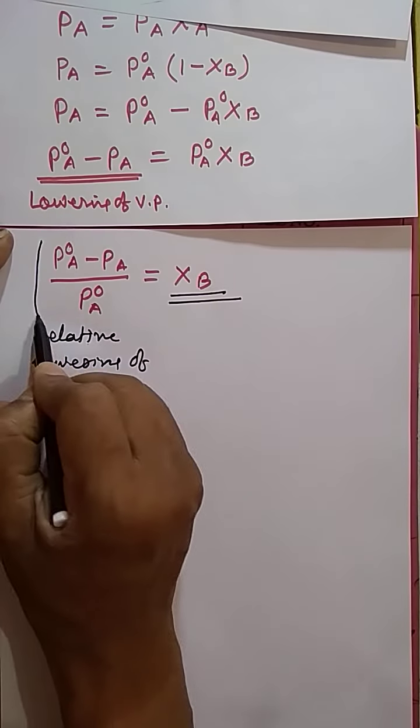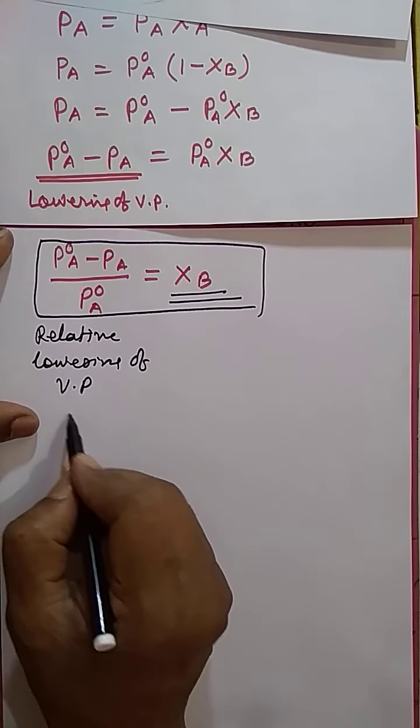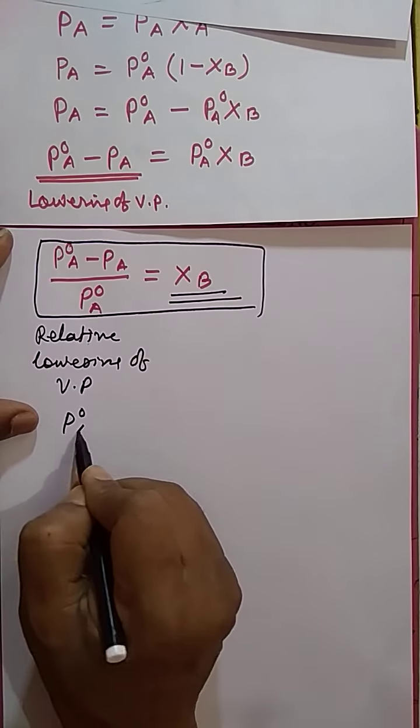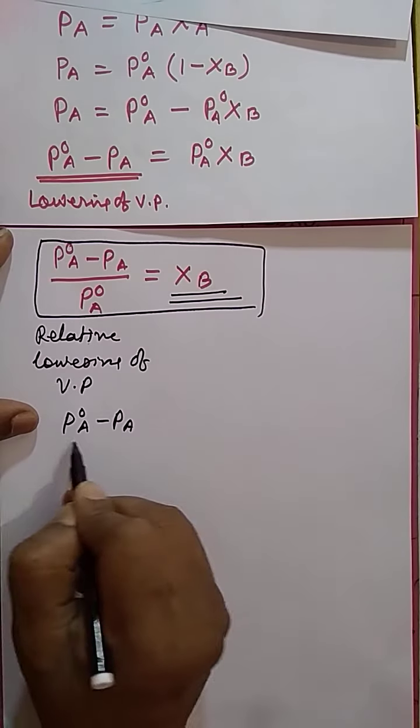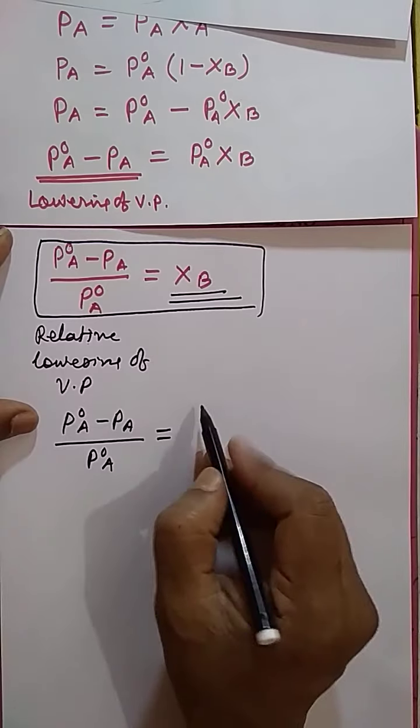So this is a formula. You always remember this, or you can elaborate this formula like that. P naught A minus PA upon P naught A is equal to mole fraction of solute.